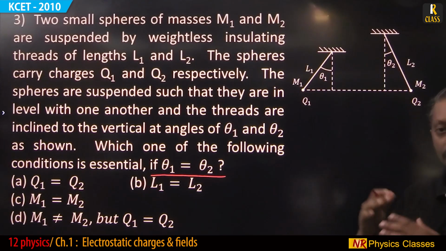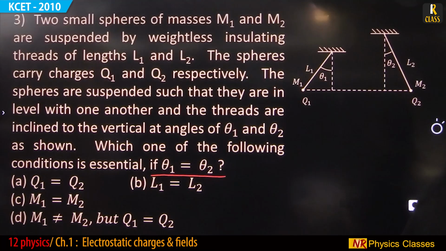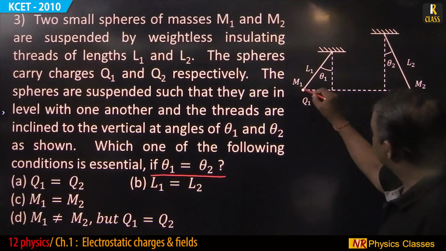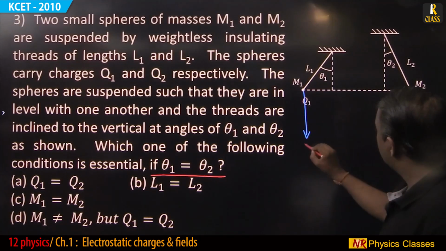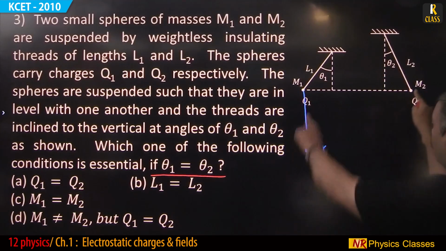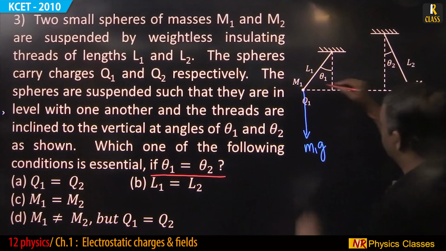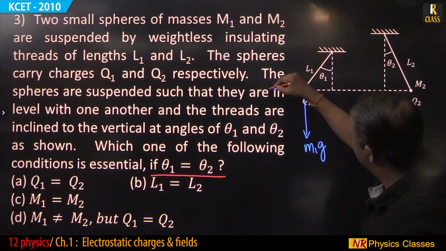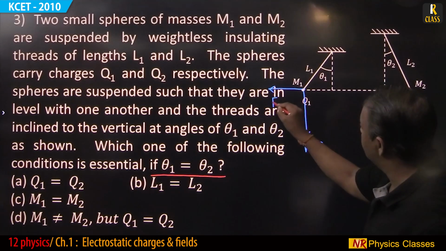Now, first let me solve. After that, let me give the explanation. This is m1g, the weight. Because of 2 charges, there is repulsion. This is the force of repulsion.